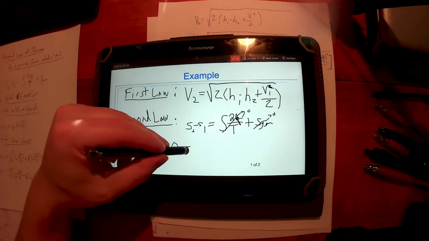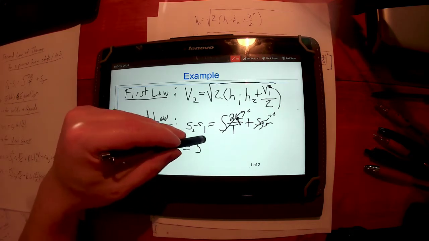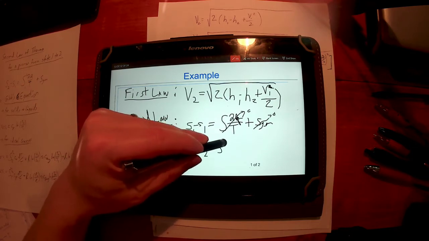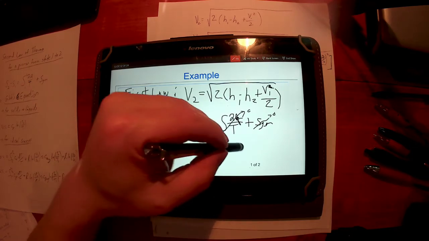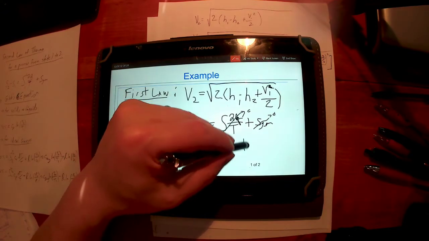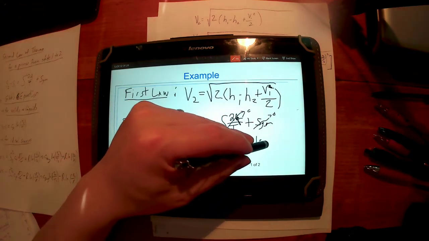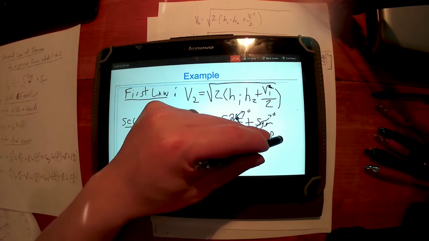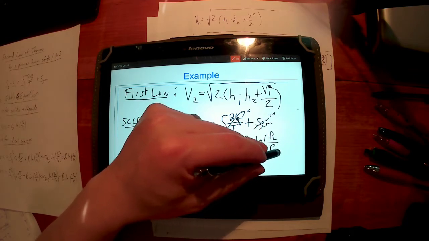But what we're going to do now is we're going to say, well, this is equal to s degree 2 minus s degree 1 minus R times the natural log of the ratio of pressures, P2 over P1.